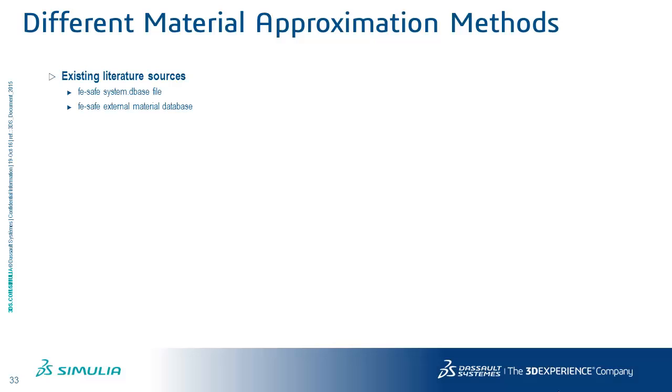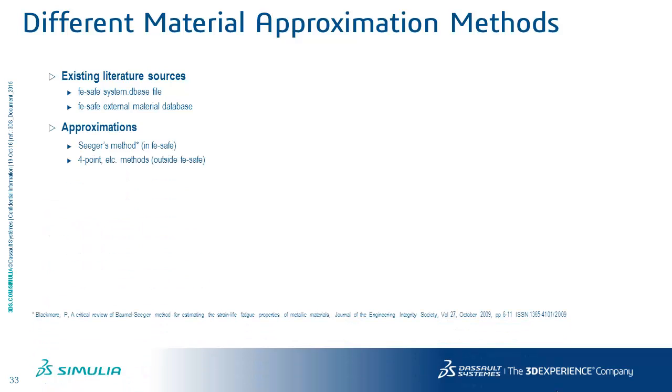If you have a new material and you want to see how you can get fatigue properties for that new material, there are a few ways you can approximate that material property, and one of the ways is to see our existing literature resources, and those are either using a FESafe system database file or using an external material database. So this is the first one.